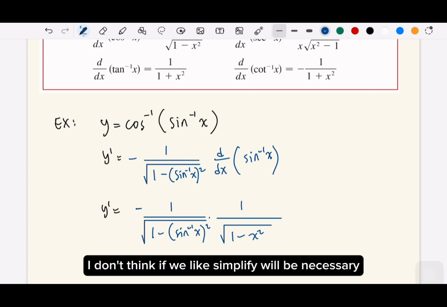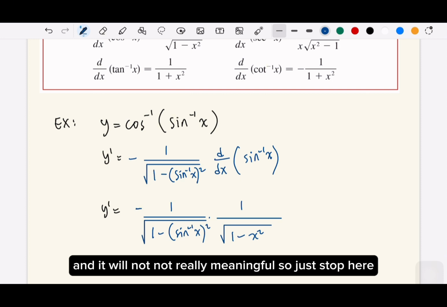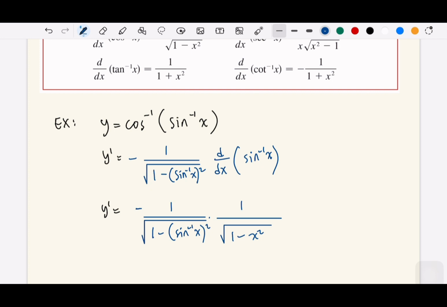I don't think simplifying will be necessary, and it will not really be meaningful, so just stop here.